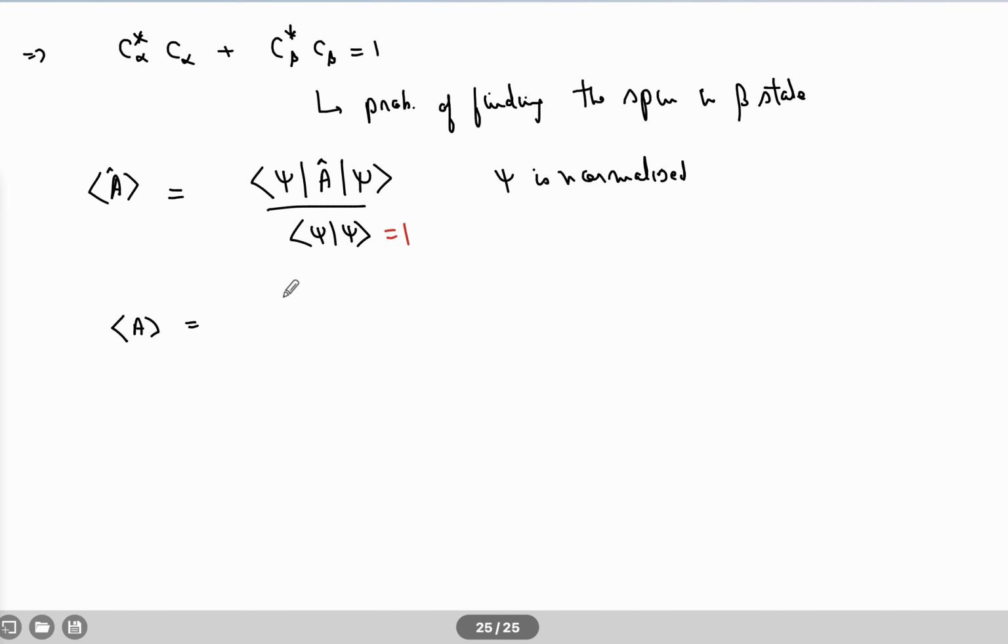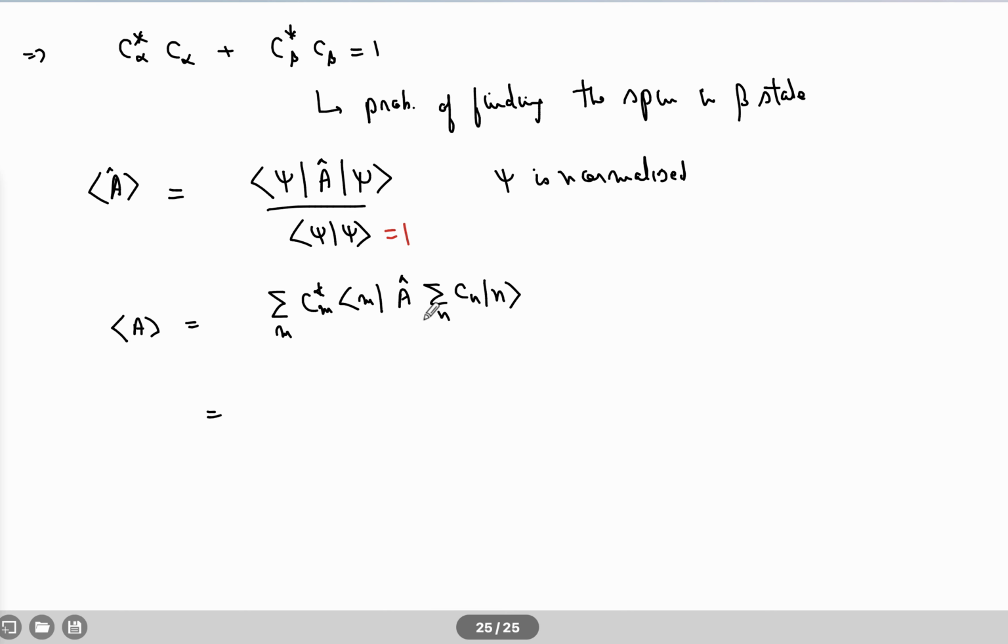So we will write this as summation m cm star, because this is bra over here, and then you have m operator A summation n cn ket n. So all I have done is I have replaced psi with summation n cn n. So superposition state is expanded into the eigenstate, so linear combination of eigenstates. That's all I have done.